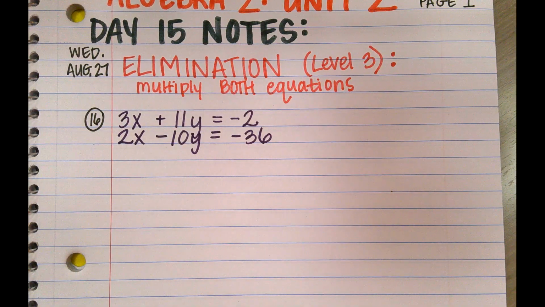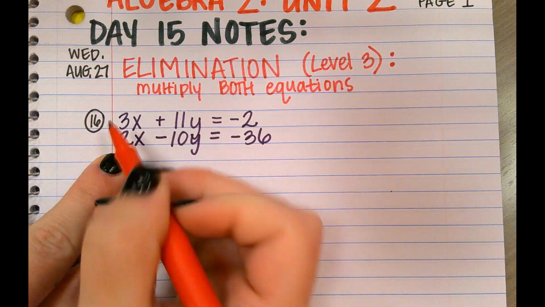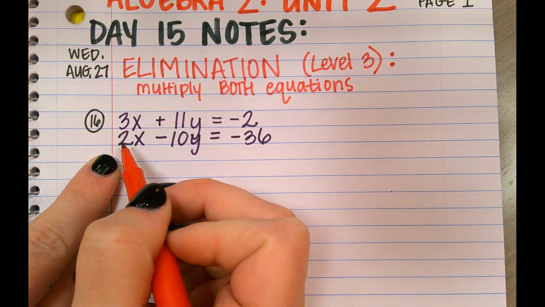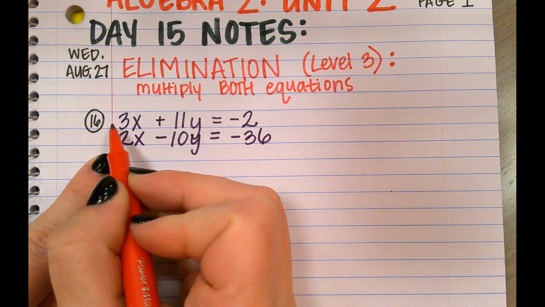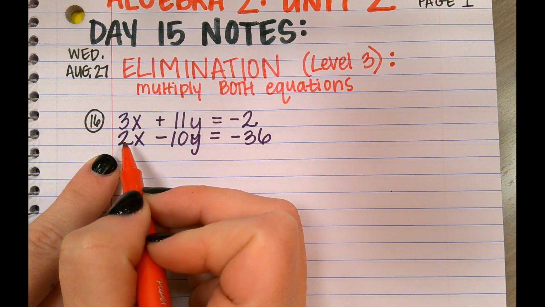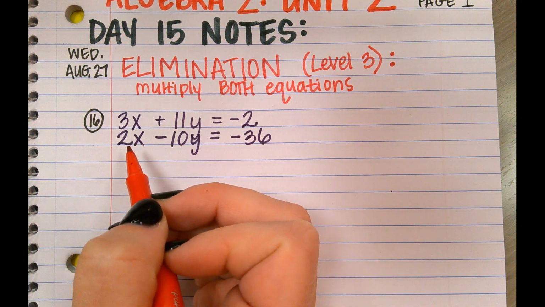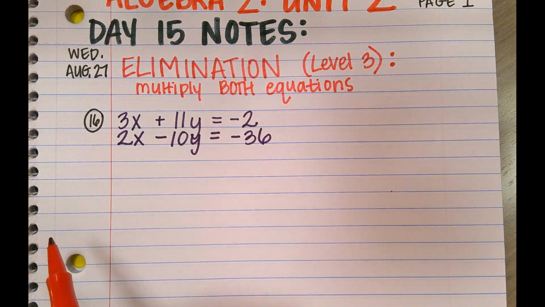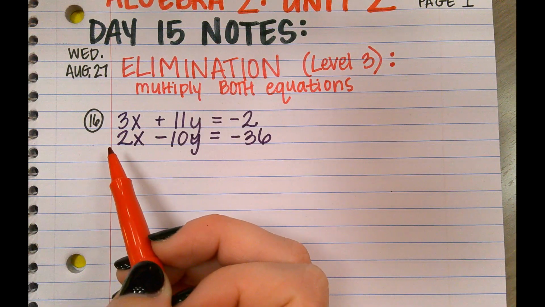And here's what I mean by other number. If I multiply 3 times 2, I get 6. So what if I multiply the top equation by 2 and the bottom by 3? Then they're both 6x. But I just make one of them negative. So these, even though it's more steps, sometimes it takes less brain power because you're just going to multiply by the numbers you see, but make one negative.